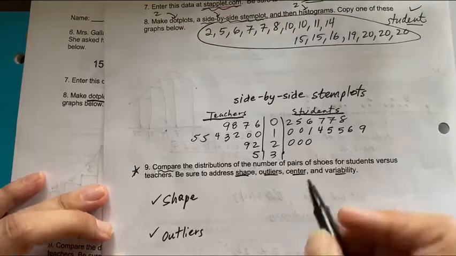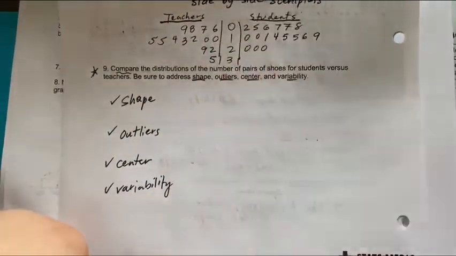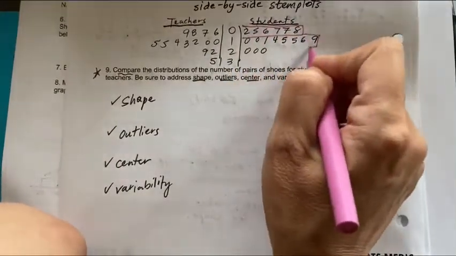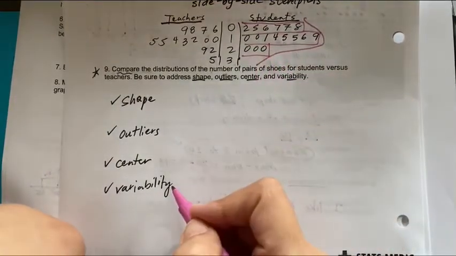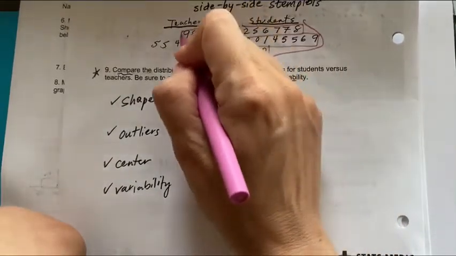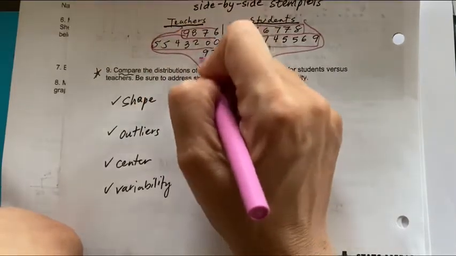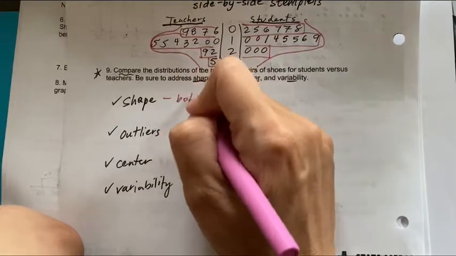If I have to compare the teachers and the students, I could use a couple different measures of spread. Now that you're thinking about these as bar graphs, you can see that this looks right skewed. It's dropping off to the right. So the students are right skewed. And if I look at the teachers, same thing. It's dropping down at the higher numbers. So I can say both.